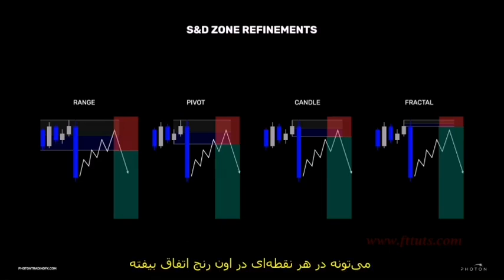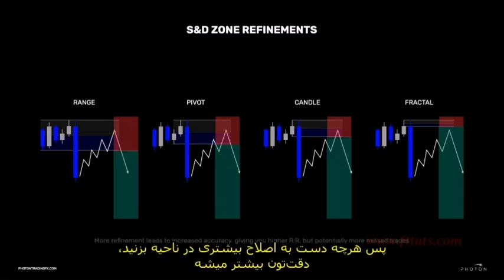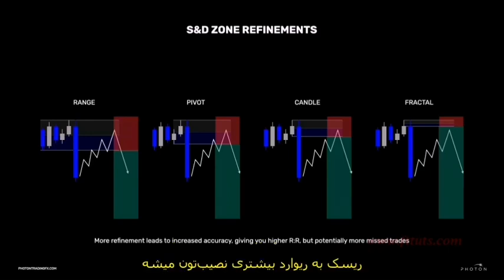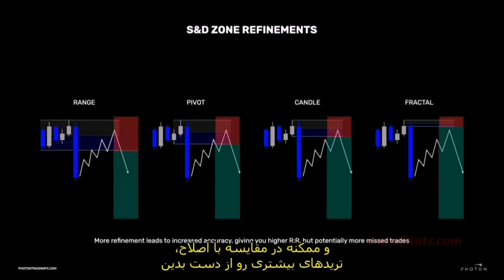It could literally happen at any point within that range when price gets there. So the more that you refine a zone, the more you increase your potential accuracy, giving you higher potential reward to risk, but it increases the probability of you not being tagged into a position, and you may miss more trades compared to not refining.